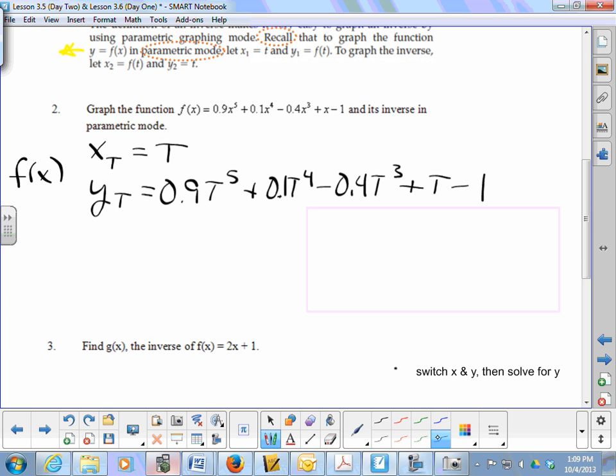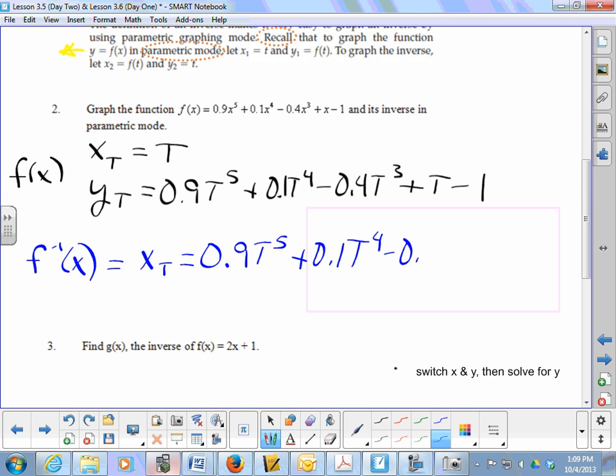And then to graph the inverse, I'm going to make x the function, and then my y will just be t.